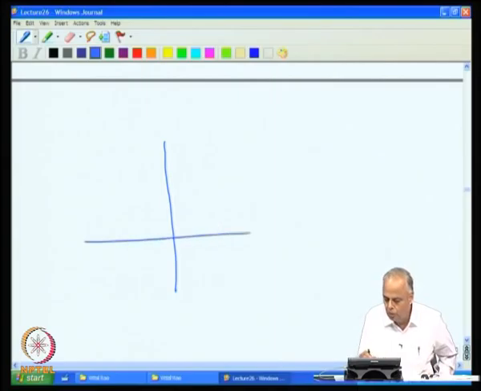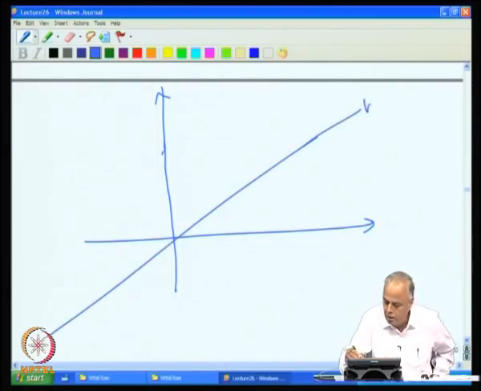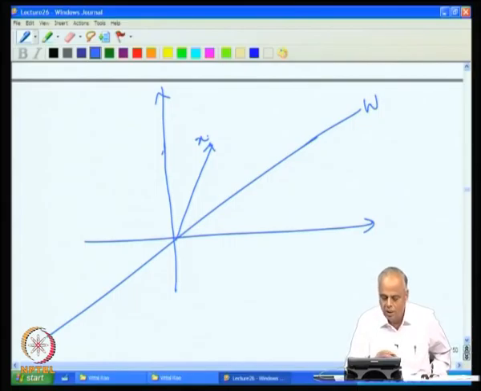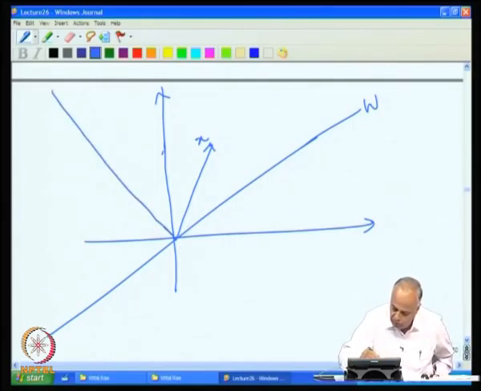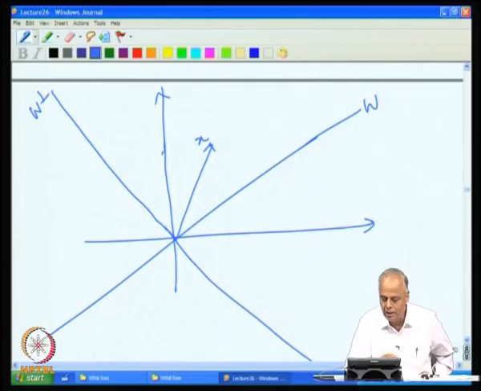Suppose we look at 2 dimensions and we have a subspace in 2 dimensions as a line through the origin, and then you take any vector x. Now, what is the orthogonal complement of W? It is that perpendicular line. So, that is W perp. Now, take any vector x.